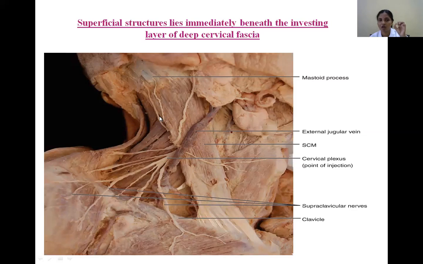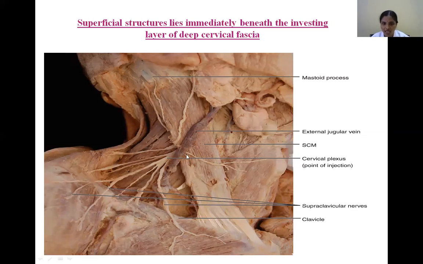This is the lesser occipital. The name is lesser occipital because it supplies the skin over the scalp, the most posterior part. The lesser one, it is not the entire posterior part. Okay, so lesser means there must be a greater occipital. So that greater occipital is supplying most of the posterior part of the scalp. So this is the lesser occipital nerve.